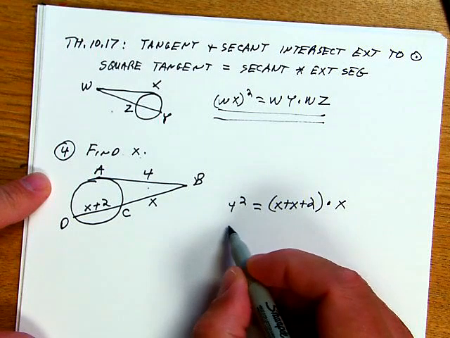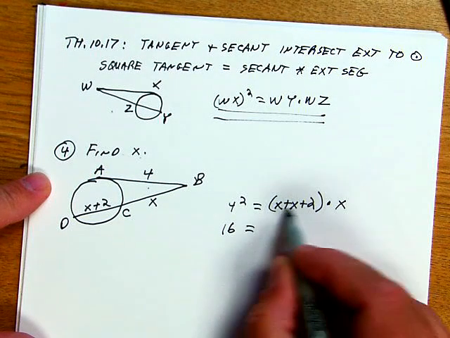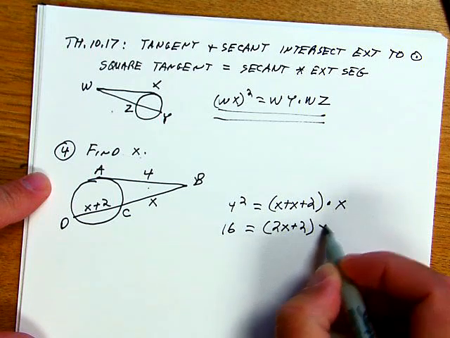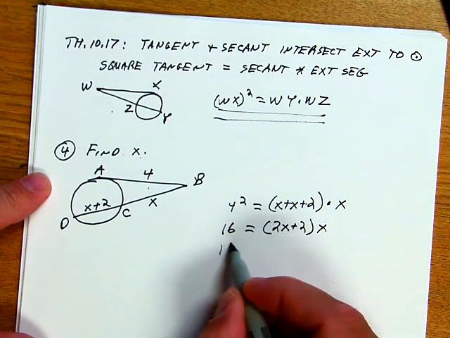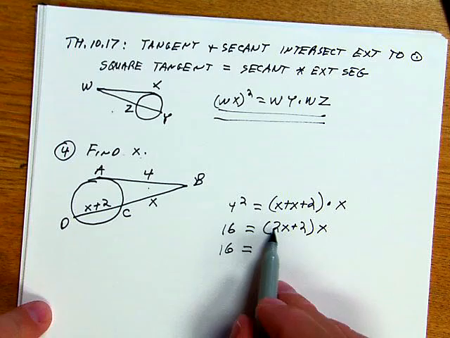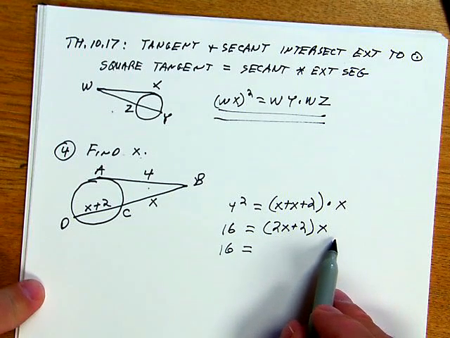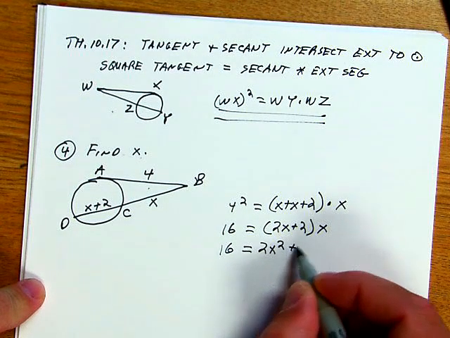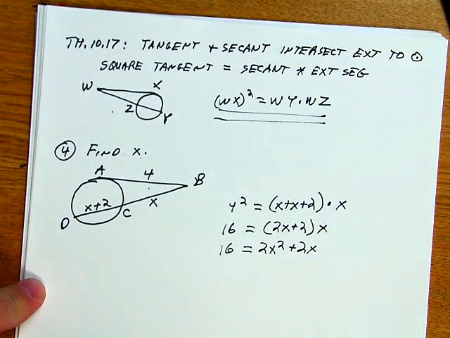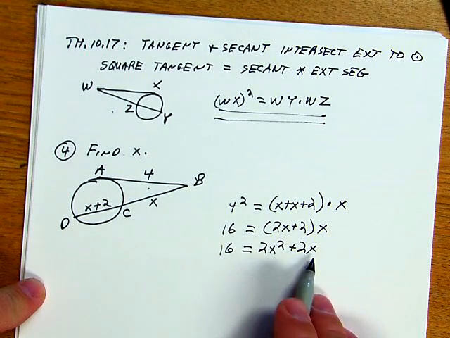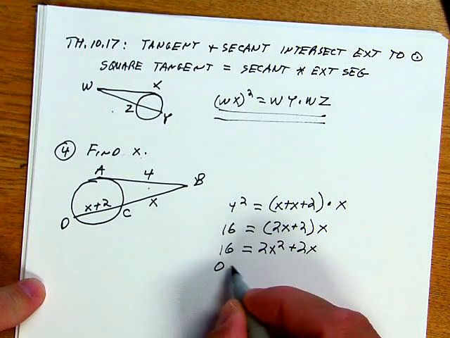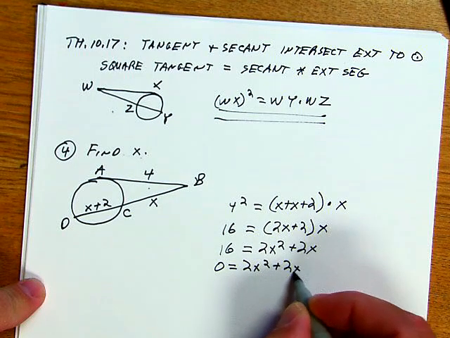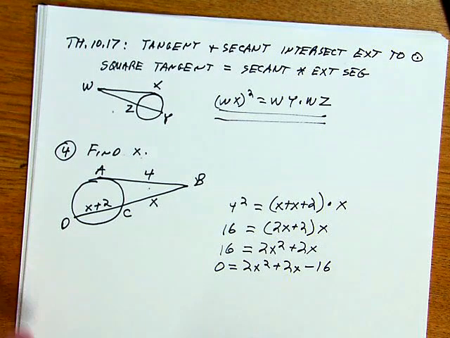So let's carry that out. 16 is equal to, I'm going to add these together, 2x plus 2 times x. I'm going to do the distributive property, so I get 2x squared plus 2x. I'm going to subtract 16 from both sides. 2x squared plus 2x minus 16.